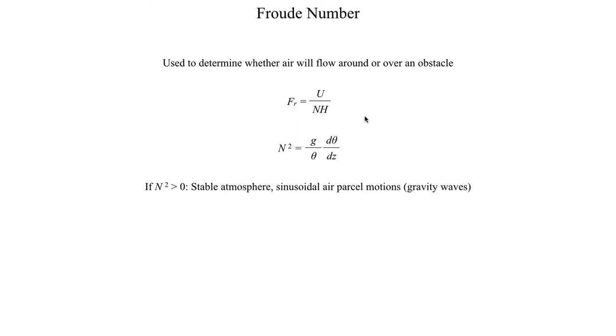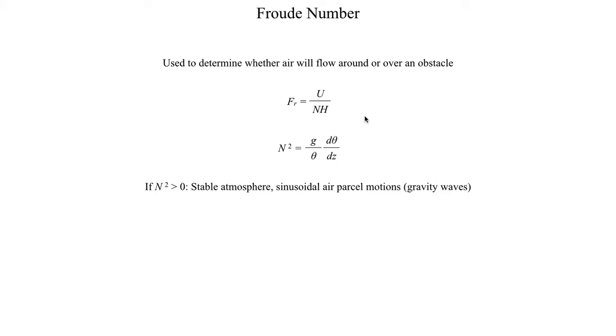By the way this is defined, if N squared is positive, that suggests you've got a stable atmosphere, which means if you displace an air parcel upward, it will try to return to its original position, but its momentum will carry it past its starting point. So you end up with an oscillating air parcel motion: you displace it upward, then it goes back down, then it comes back up, and it repeats that cycle as it travels in the horizontal direction.